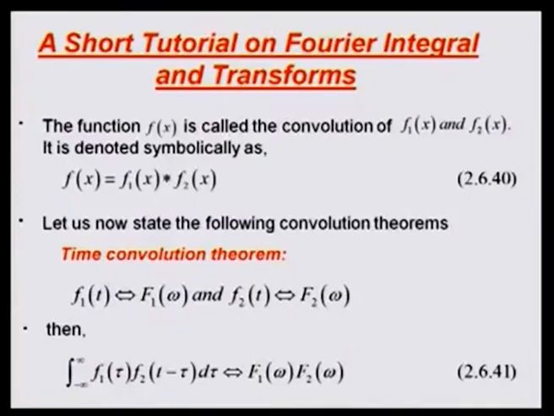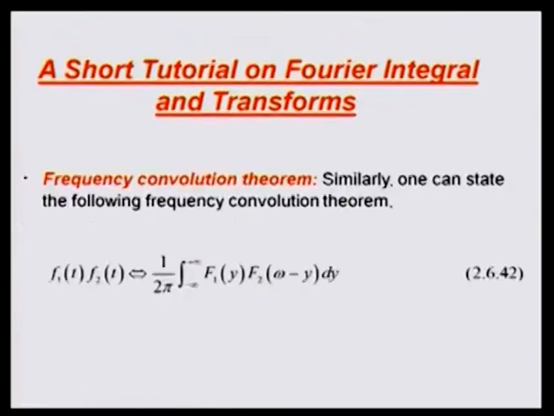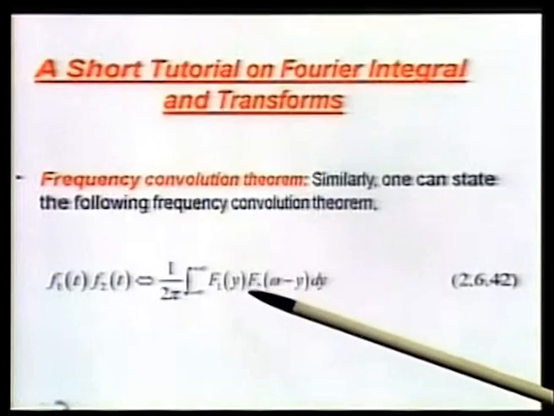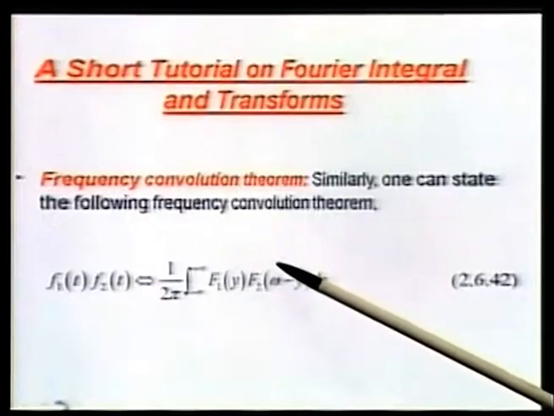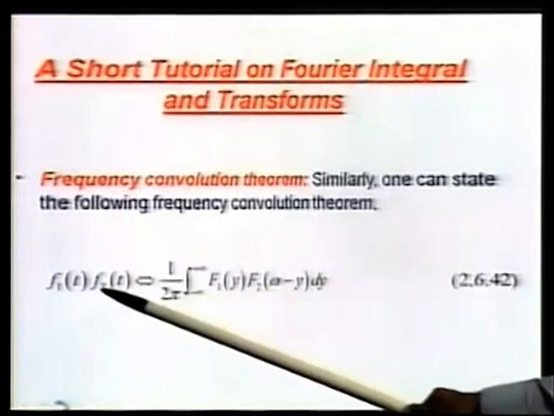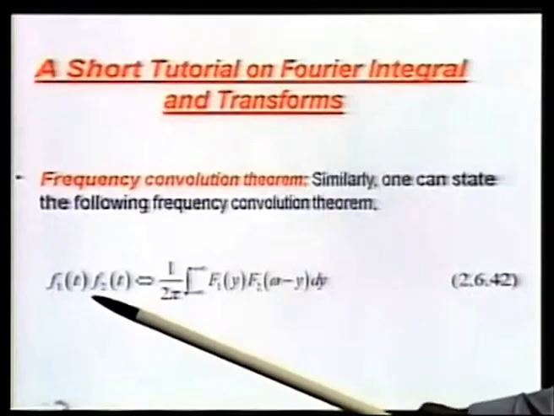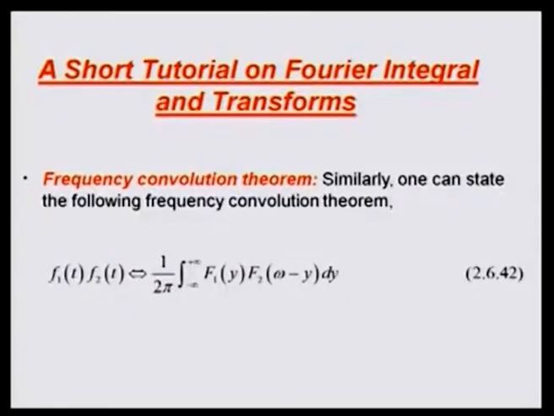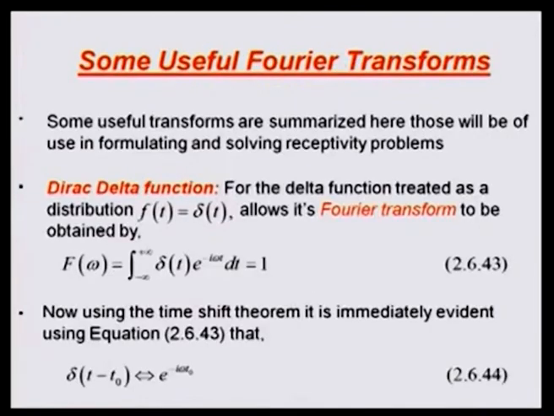This is what is called the time convolution theorem, right. Similarly, you will also have a frequency convolution theorem. Frequency convolution theorem basically tells you that you define a convolution in the frequency plane, and that has an original which is simply nothing but the product of f1 and f2. So, these two are quite useful theorems, which we will use as we go along.